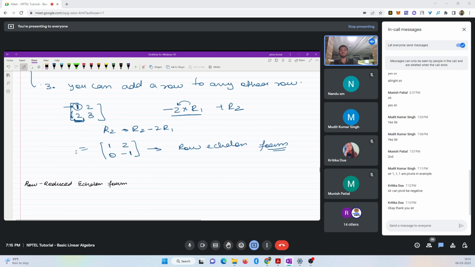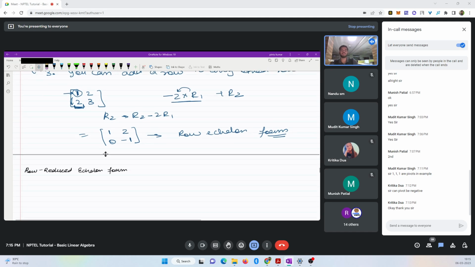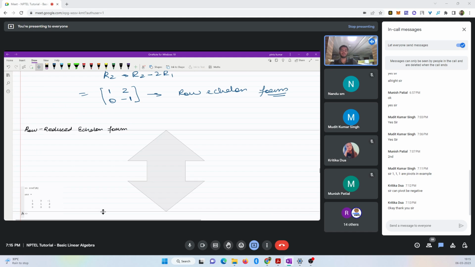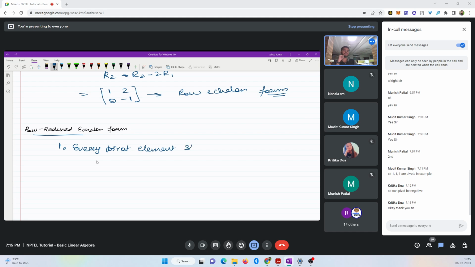Now there is one more thing called row reduced echelon form. I'll come to this, and this is the more used one. In row reduced echelon form, there are two more rules in addition to row echelon form. First, every pivot element should be 1.